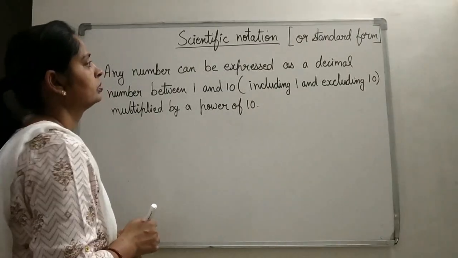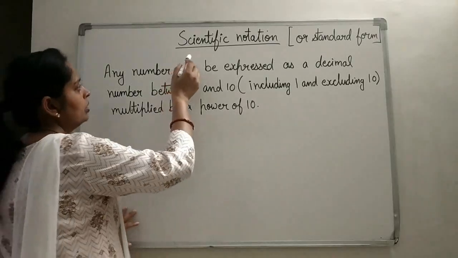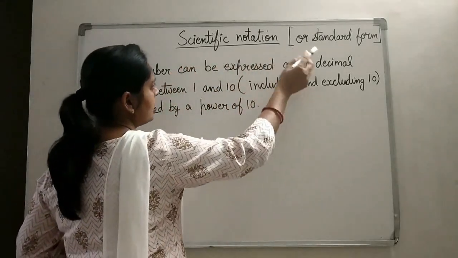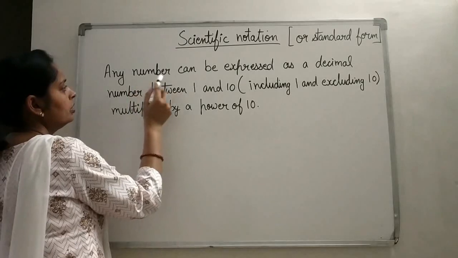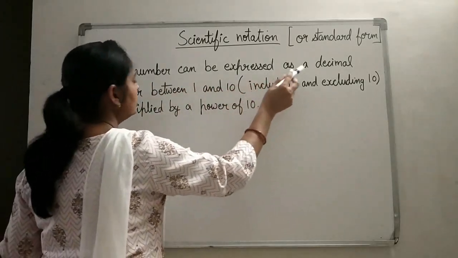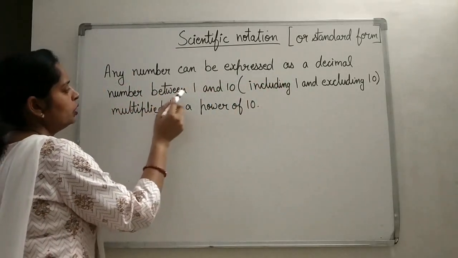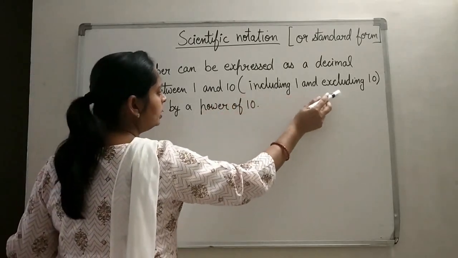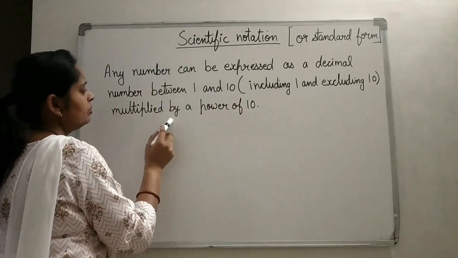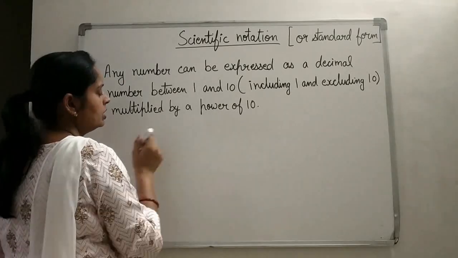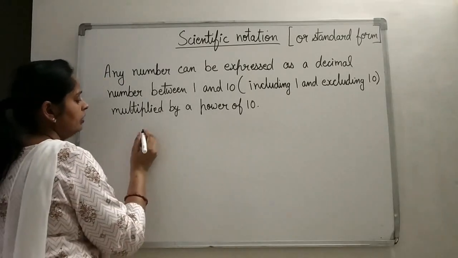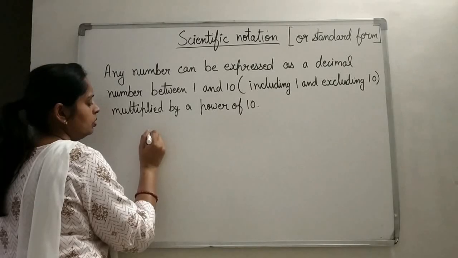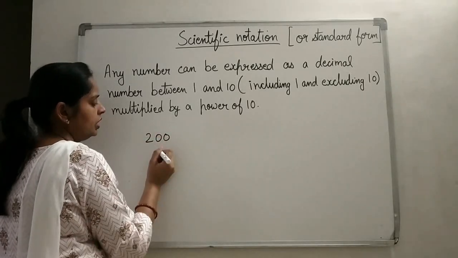Now comes the scientific notation or standard form. Any number can be expressed as a decimal number between 1 and 10, including 1 and excluding 10, multiplied by a power of 10. For example, suppose you have 200.